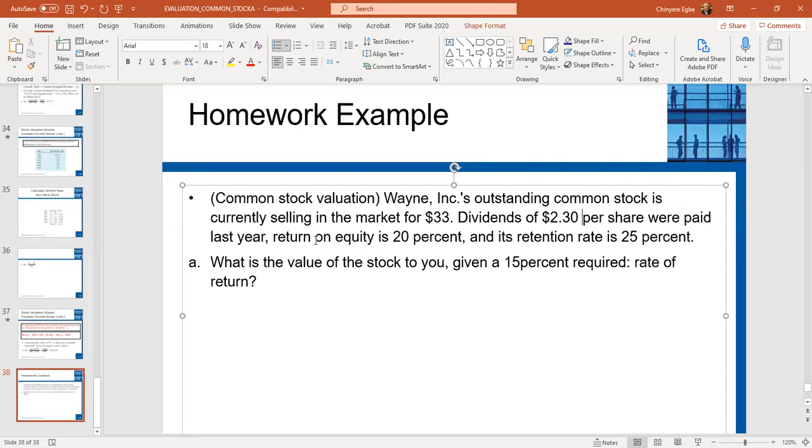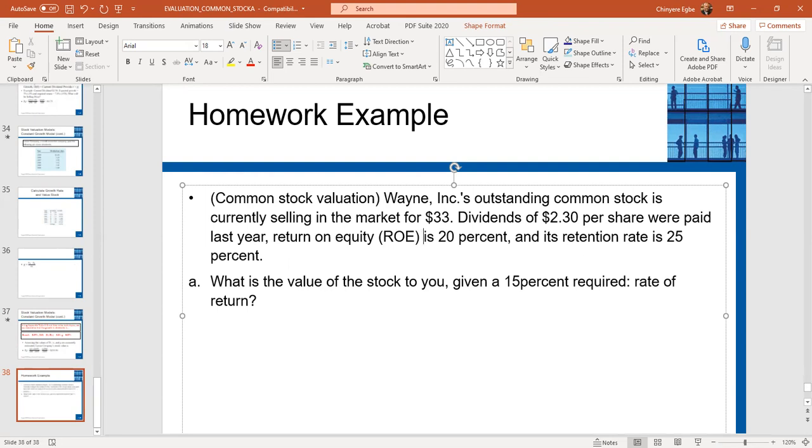And there's a return on equity, the ROE, of 20%. Now, remember that this return on equity is the profitability of the investment.